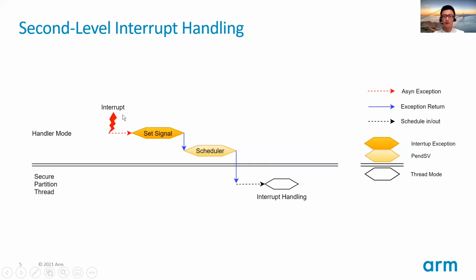So when an interrupt exception happens, in this initial handling, the partition signal, the interrupt signal, is set for the secure partition to handle this interrupt, and the scheduler is triggered. So when this secure partition is finally scheduled to run, it gets the chance to handle the interrupt. So yeah, I guess that's the SLH.